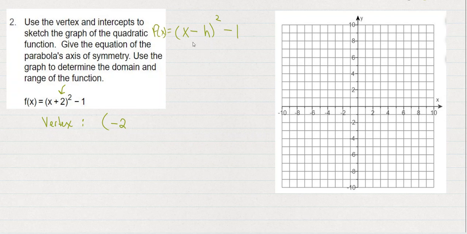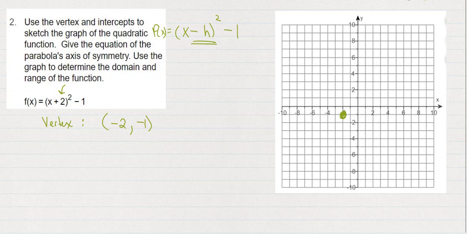So in vertex form, the h, the opposite of 2, is negative 2. The h is negative 2, and the k is negative 1. So the vertex is at negative 2, negative 1, this point right here.